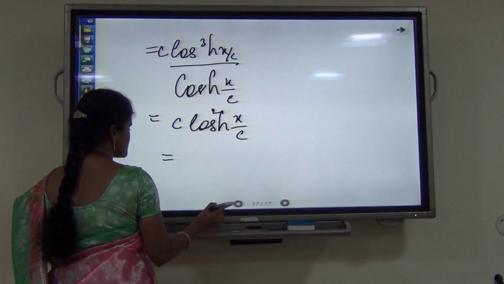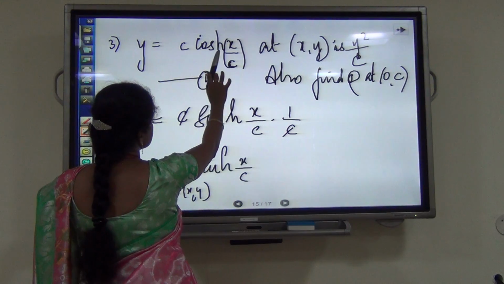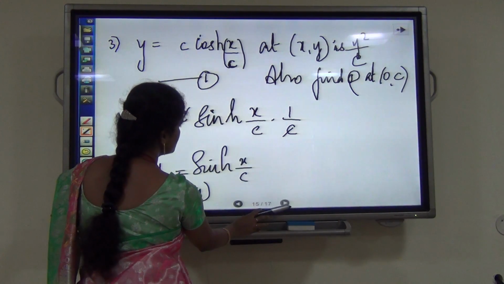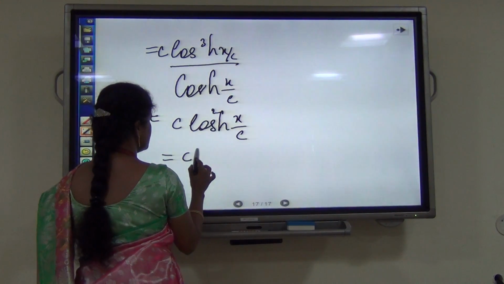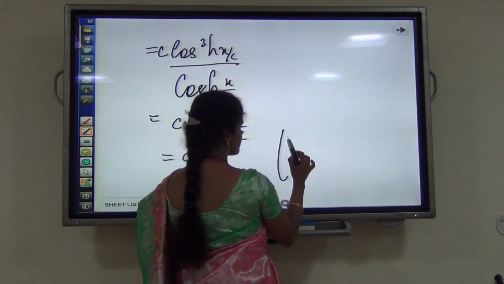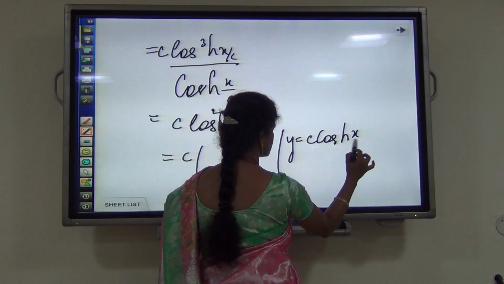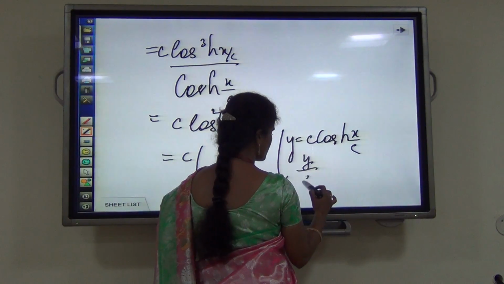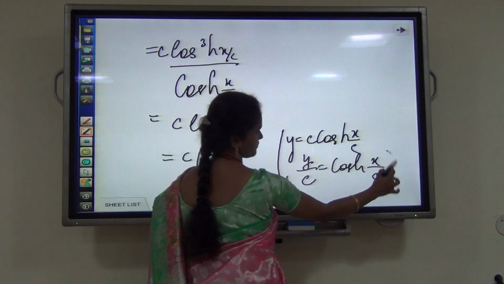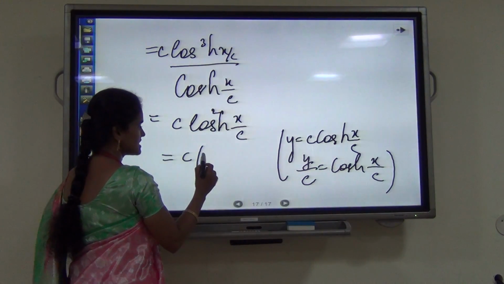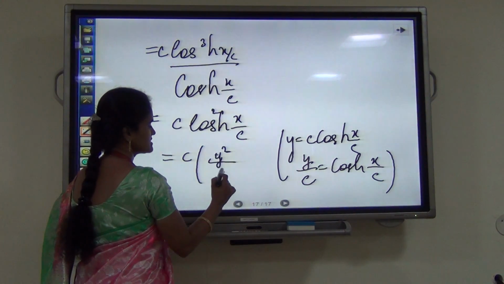Now what is the Cartesian curve? y is equal to c cosh(x/c). So since we have y is equal to c cosh(x/c), y by c you can very well write as cosh(x/c). So now this can be written as y square by c square.